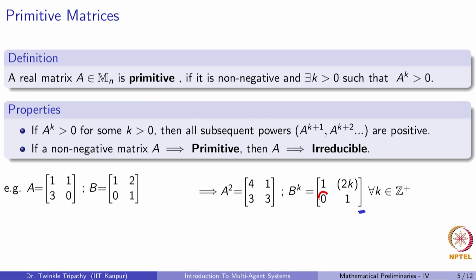We see that there's always an entry in B raised to the power k which is strictly equal to 0, meaning that this matrix can never become a positive matrix irrespective of whatever value of k we choose. Hence, this is not a primitive matrix. As we thought, A is primitive and B is not a primitive matrix.